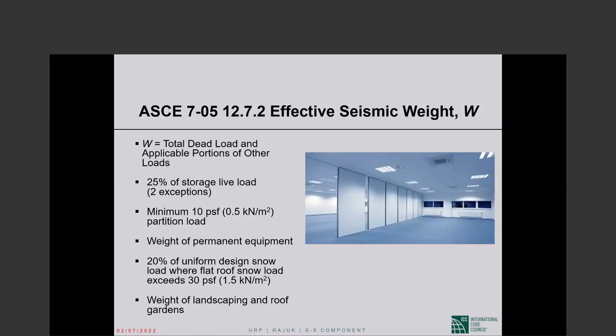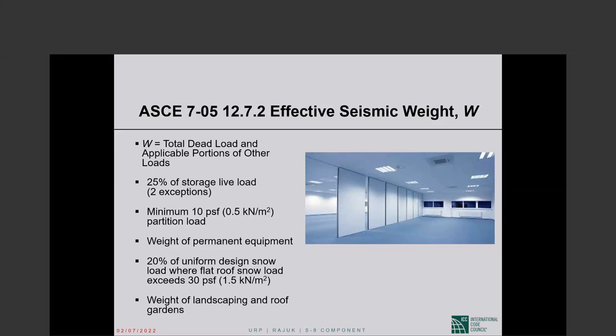So the ASCE 7-05 definition of effective seismic weight, as I'm calling it: total dead load, of course, and applicable portions of other loads. Applicable portions of other loads are 25% of storage live load, with two exceptions. So if it is a storage facility, we include 25% of the live load in seismic weight.